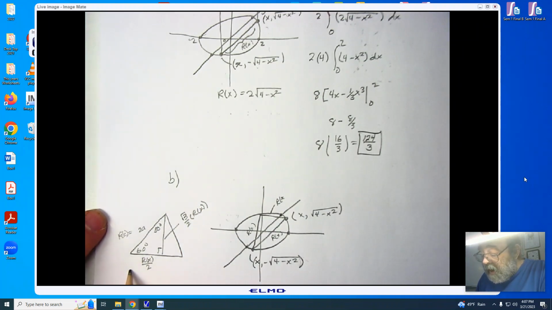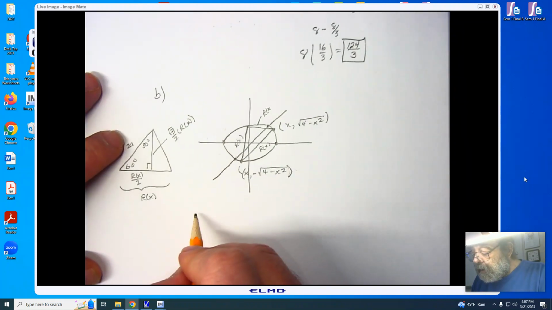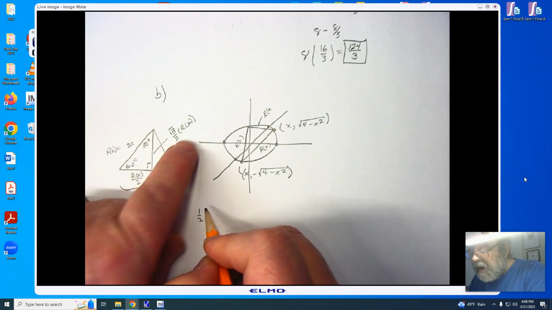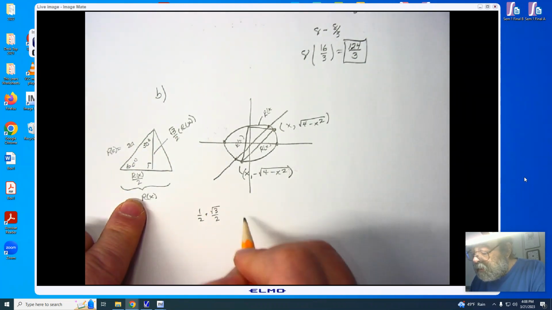Now please keep in mind that this entire side is the r of x, and I'm looking at 1/2 base times height. So I have 1/2 times my base times my height, root 3 over 2.